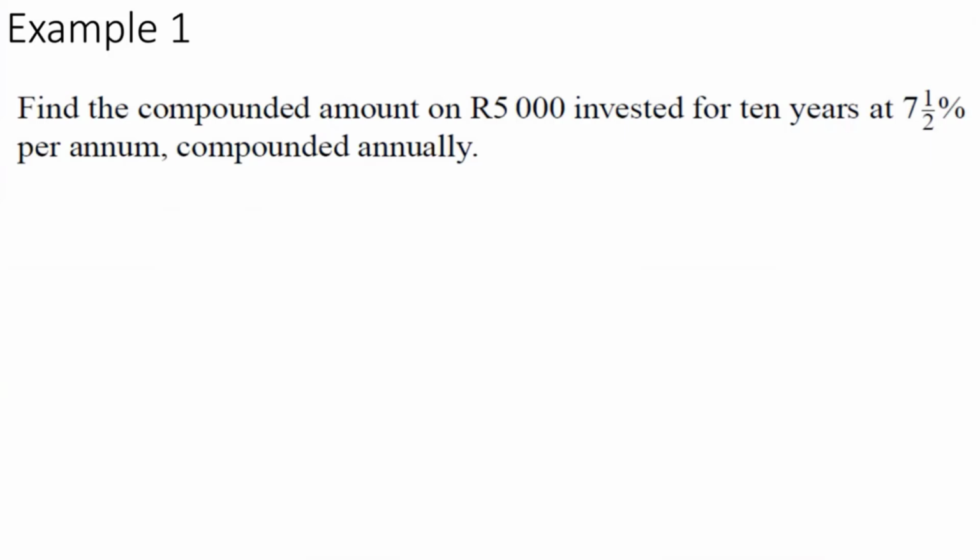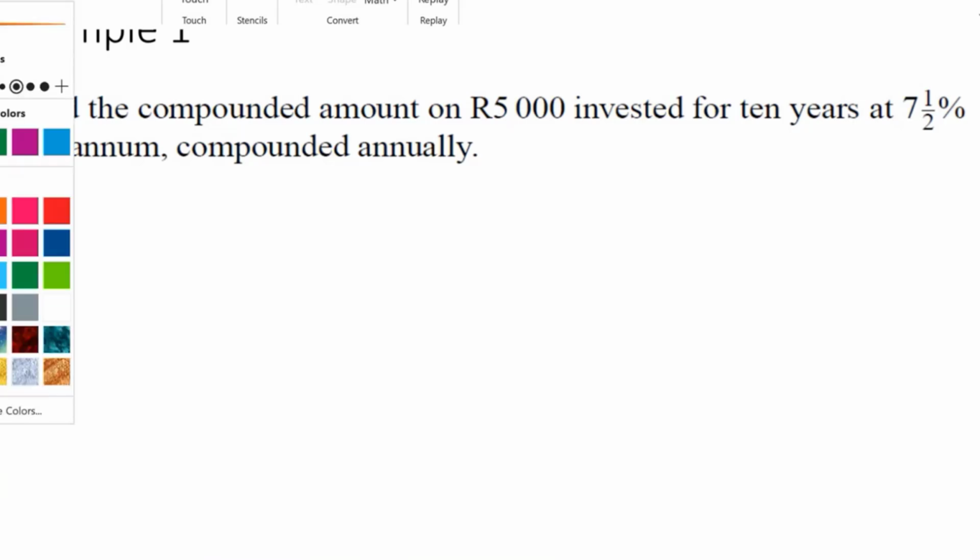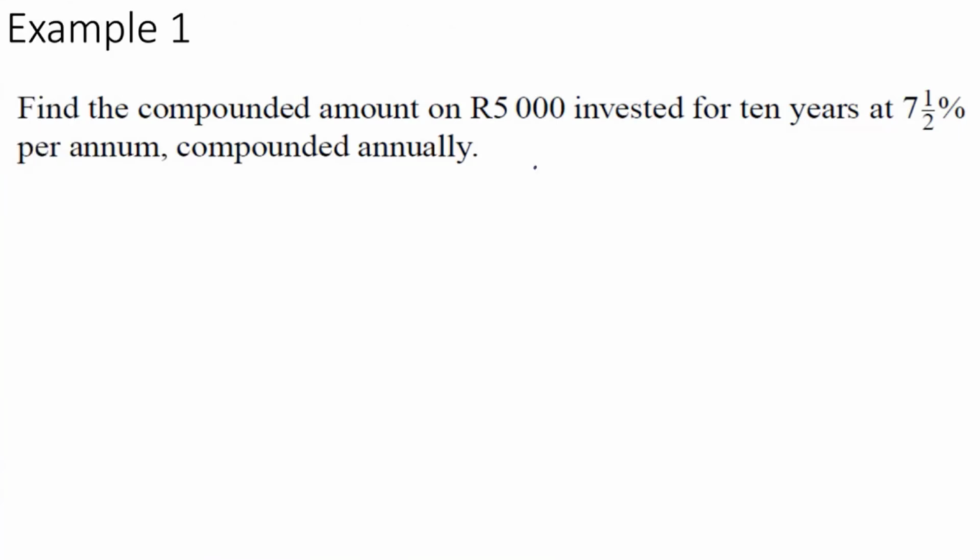Remember, the first thing that we do is look at these because we want to decontextualize whatever we are given. We are moving from the word problem into mathematical expressions.